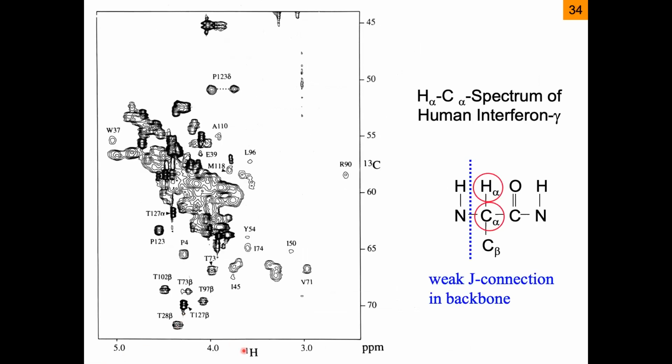So we connect from the left side and from the right side via the C alpha frequency and eventually via the H alpha frequency. Here is the H alpha C alpha region of the proton carbon spectrum. And you see that there's a lot of overlap. It's not very well resolved.